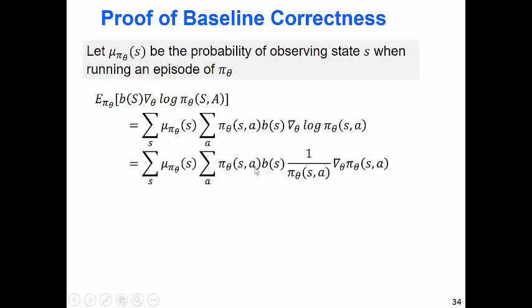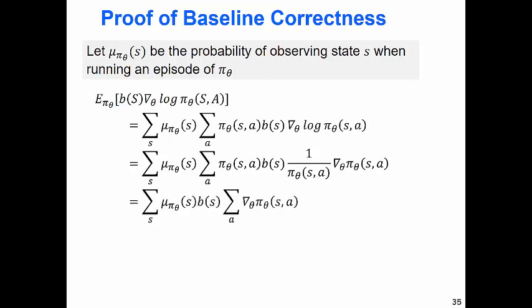And then all we do is a common trick. In calculus, this is the derivative of the log with the chain rule applied, right? So derivative of log of x is 1 over x.